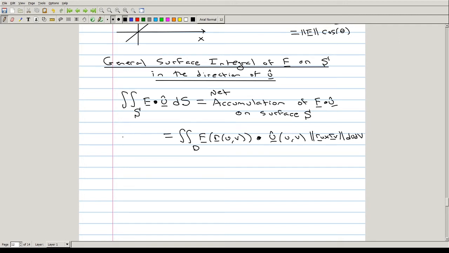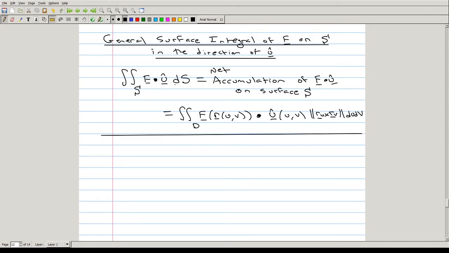Now, in general, when you hear the name surface integral of a vector field, typically this u hat is actually taken to be a very special direction, and this is the normal direction.